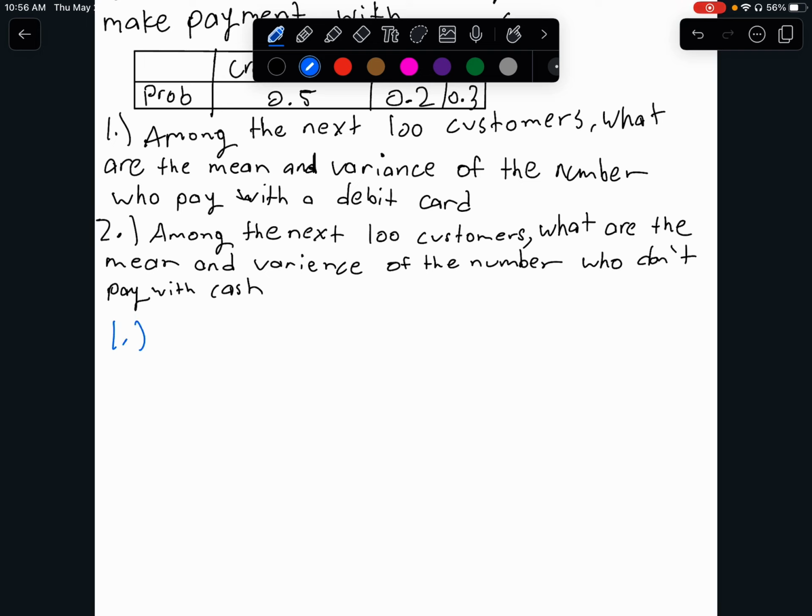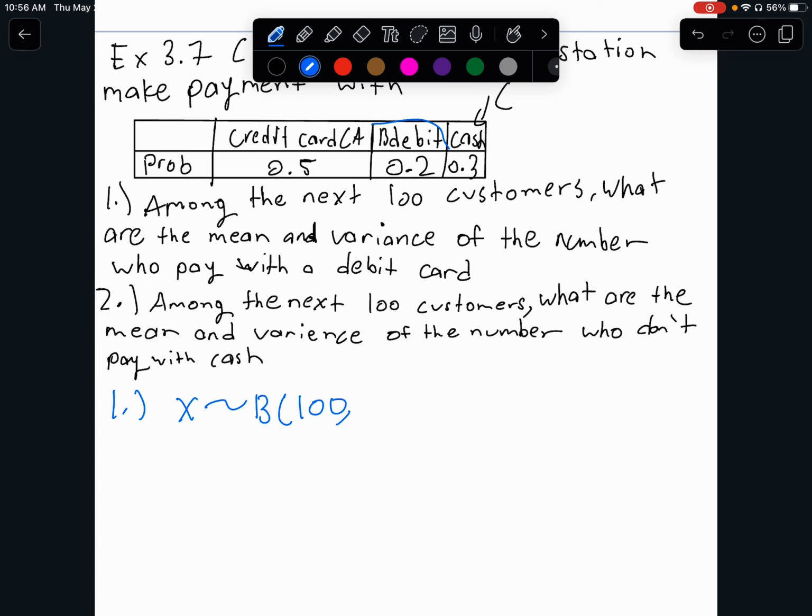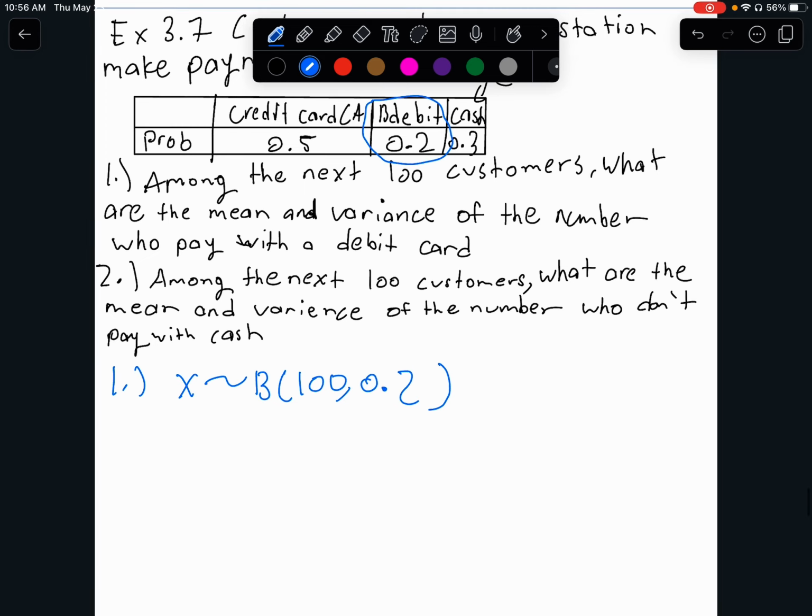Right, so the number paying with debit is X ~ Binomial(100, p) because 100 is our sample, and then we look at our table, where debit is 0.2, so we use 0.2 for this situation. E(X) equals n times p equals 100 times 0.2 equals 20.